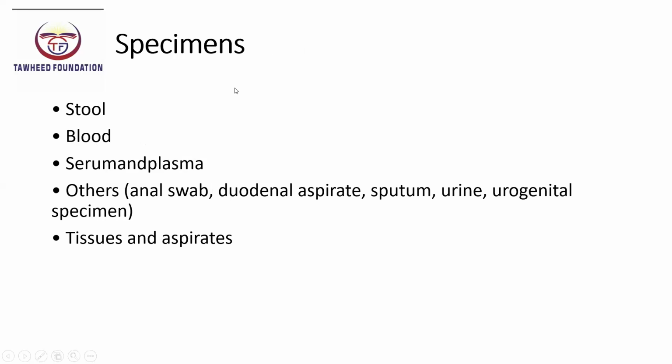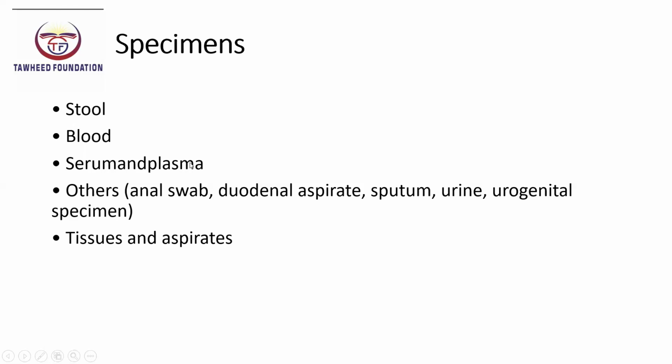Types of specimens. A variety of specimen types are utilized in diagnosing parasitic infections depending on the suspected pathogen and site of infection. Stool for intestinal parasites, which are worms and protozoa. Blood for bloodborne organisms, which is malaria and filariasis.